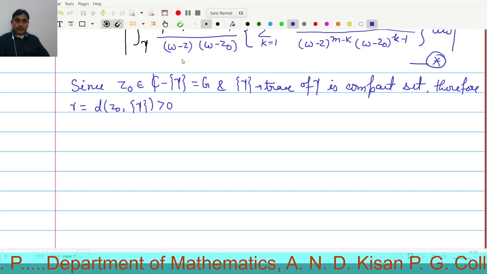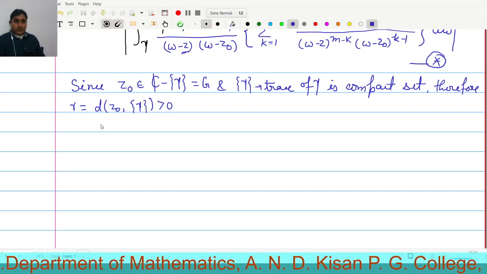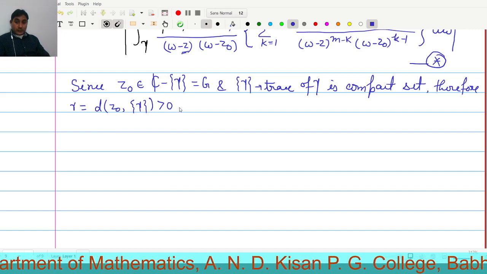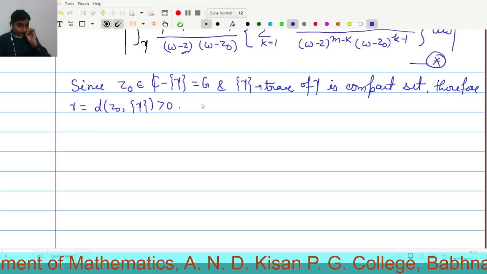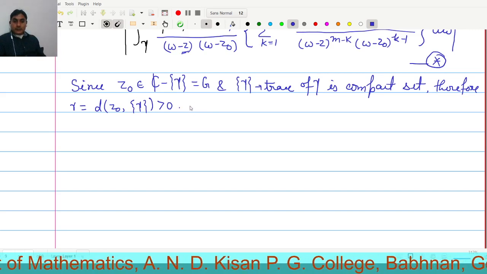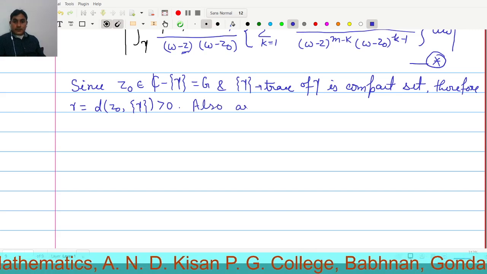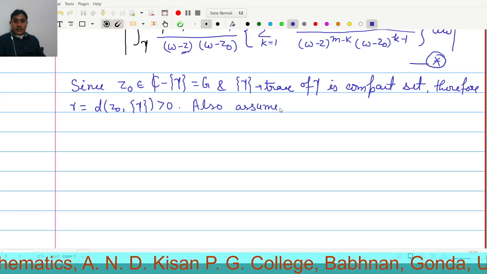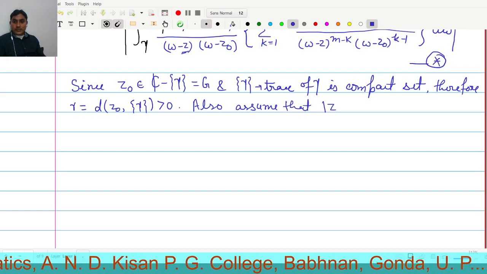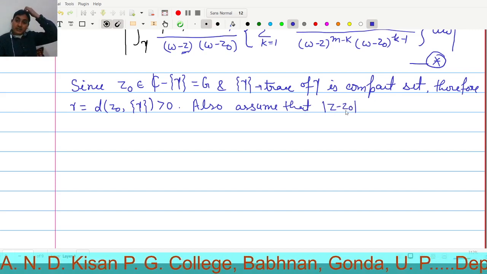Here, whatever Z we have chosen, that is close to Z naught. Also assume that the mod of Z minus Z naught, it means the distance between Z and Z naught.